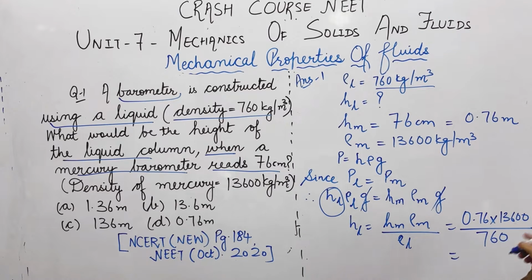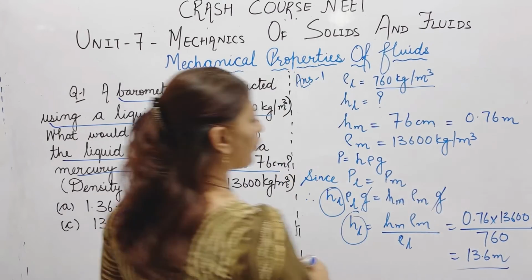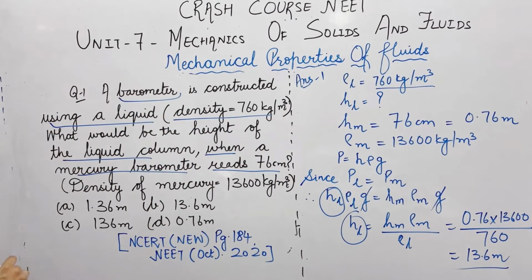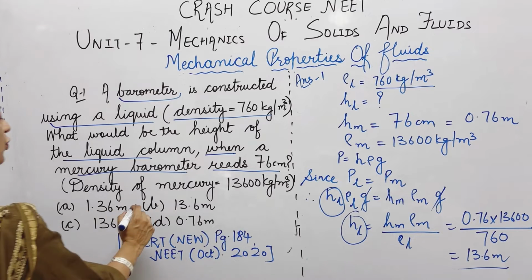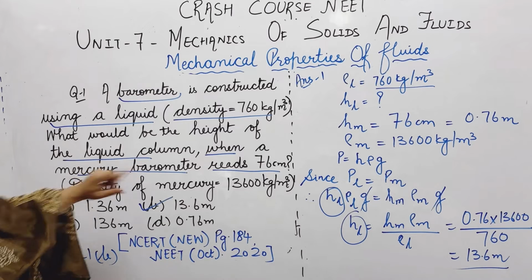So on solving this, we get 13.6 meter. So this is the height of the liquid, 13.6 meter. And if we look at the options, our answer goes with option number B. 13.6 meter is the height of the liquid column.